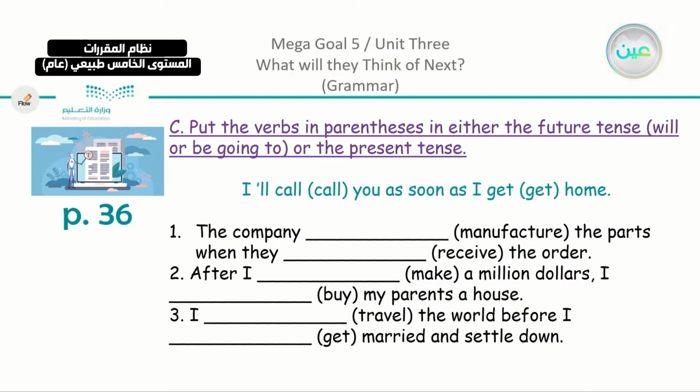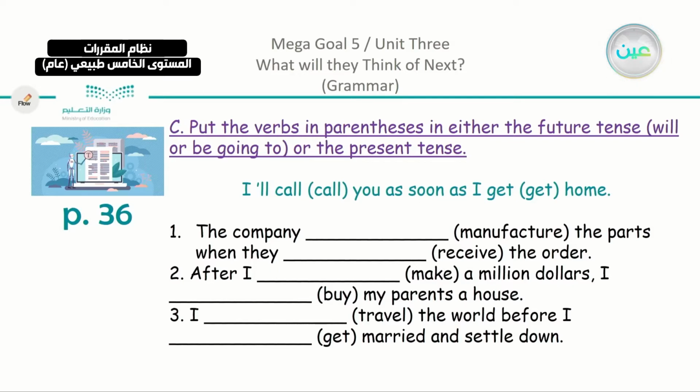So we can put the verbs in parentheses in either the future tense, will or be going to, it's up to you, or the present tense. So the first one, if you can see the example, I'll call you as soon as I get home. Actually, you can see that in the example, there are no changes, not in the first one or the second one.